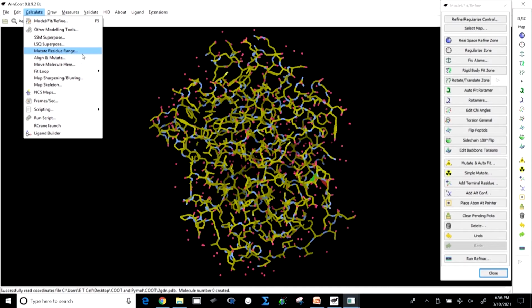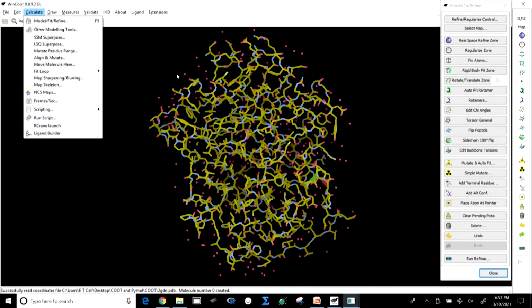Mutate residue range, align and mutant, move molecule here, fit loop by doing Ramachandran help, fit loop by database search, map sharpening, blurring, map skeleton. NCS is non crystallographic symmetry based maps, frames, scripting. You could have introduced script here, you could run script, you could do ligand bind, you could do arcane launch.